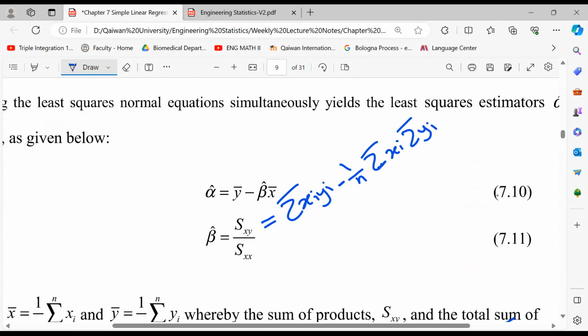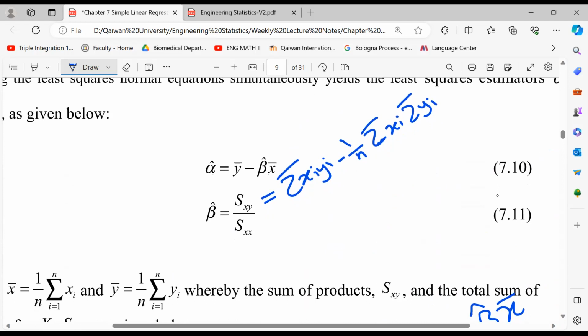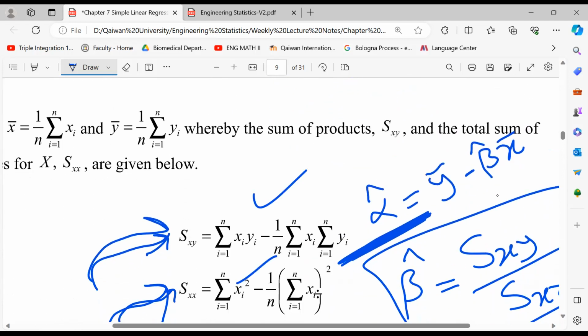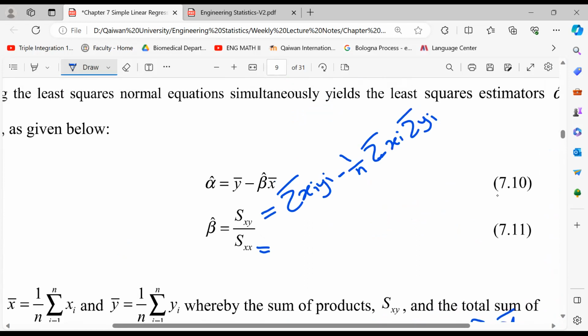This is how to find S sub xy. And for finding S sub xx, these are the rules which are given. S sub xx is the sum of xi squared minus 1 over n times the sum of xi, all squared.